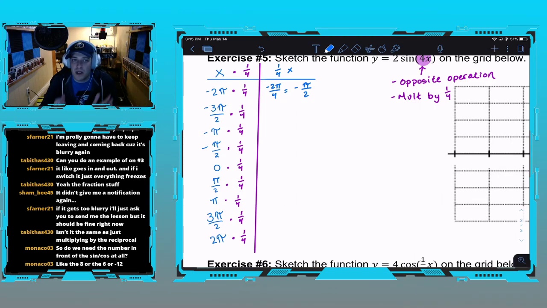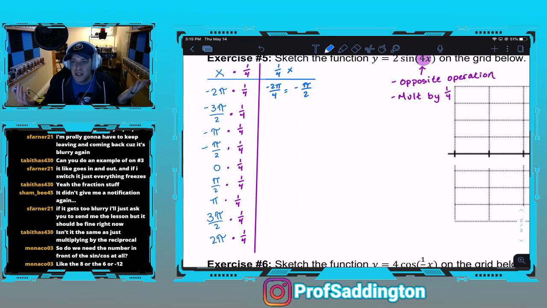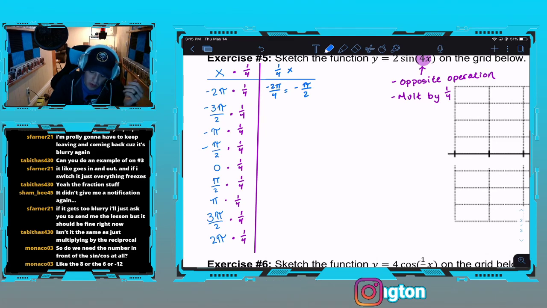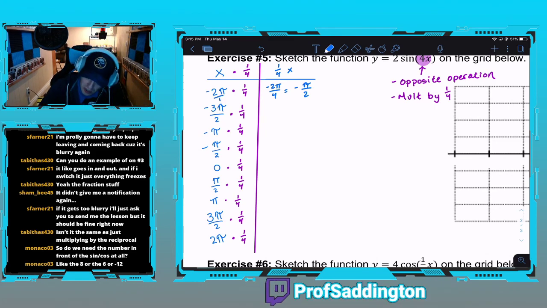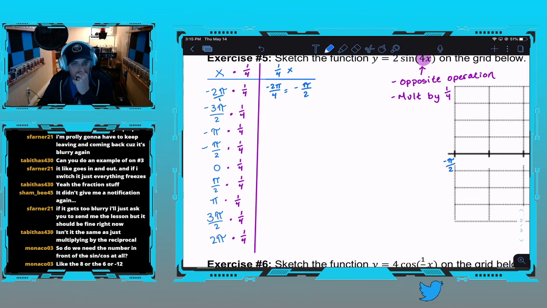So all I'm doing is I'm multiplying it out. I did it off the top of my head because I put the 2 pi over 1 and I just multiplied straight across. So we just found the new first number on the table. That is negative pi over 2.